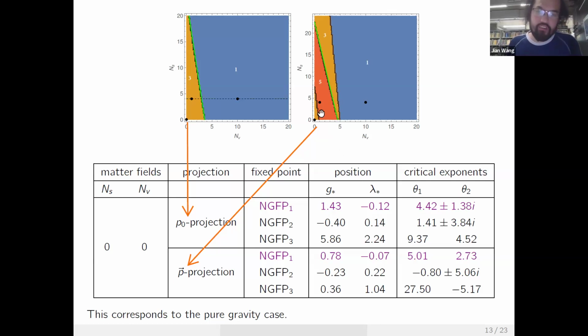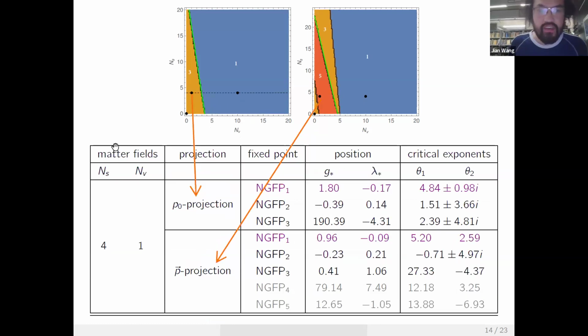Then next we'll go to the middle point, where we have 4 scalar fields and 1 vector field. For this case, we find that for different projections, the numbers of phase points would be different.